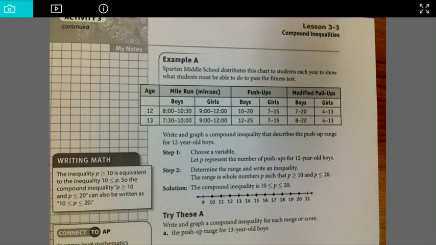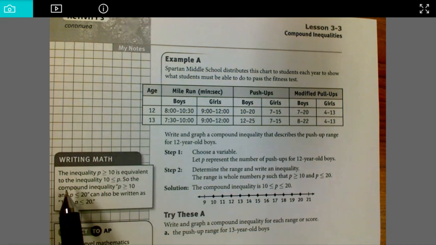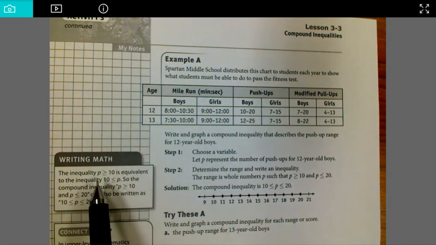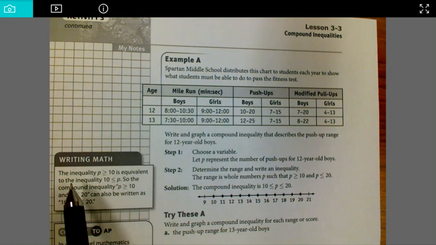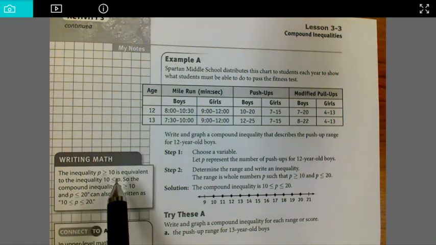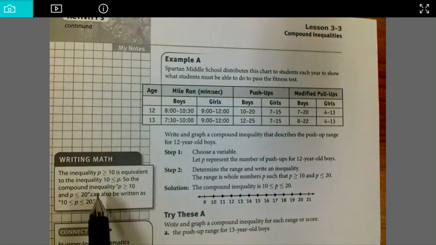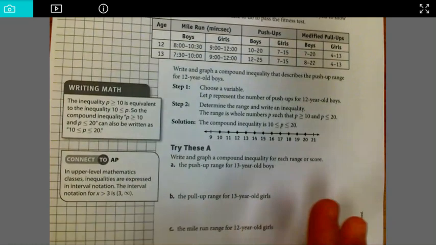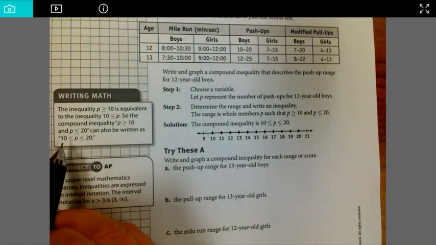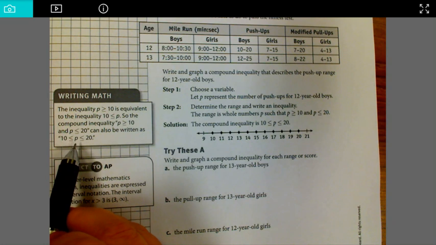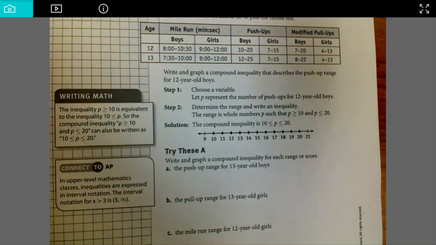All right. On the previous slide, you should have seen this writing math that says the inequality P greater than or equal to 10 is equivalent to the inequality 10 less than or equal to P. So the compound inequality P greater than or equal to 10 and P is less than or equal to 20 can also be written as one single inequality, which states 10 is less than or equal to P, which is less than or equal to 20.